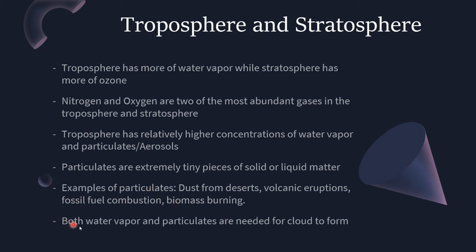Both water vapor and particulates are needed for clouds to form. So we will be talking about cloud formation as well. You already know that cloud definitely comes from water. So there's some water and you need some particulates, and these two are used in the formation of cloud. And based on their concentration, we see different types of cloud, as well as different types of rain. Like you probably have heard about acid rain. Why is that?